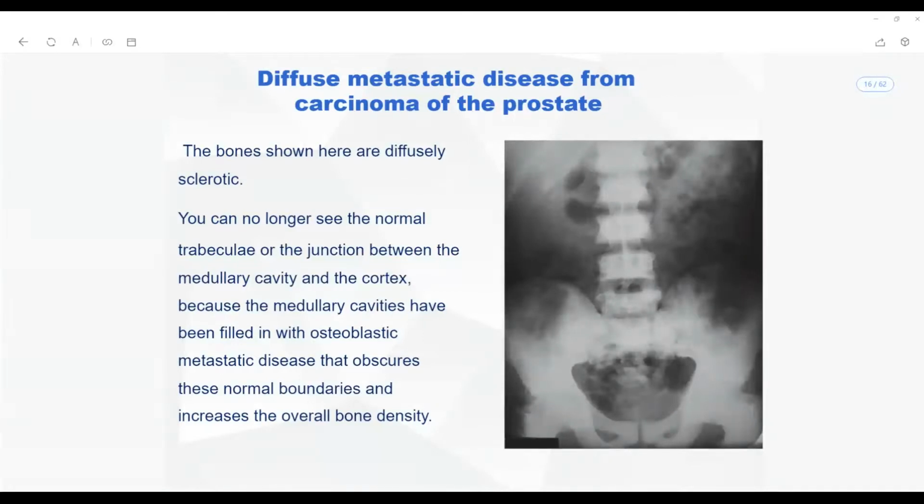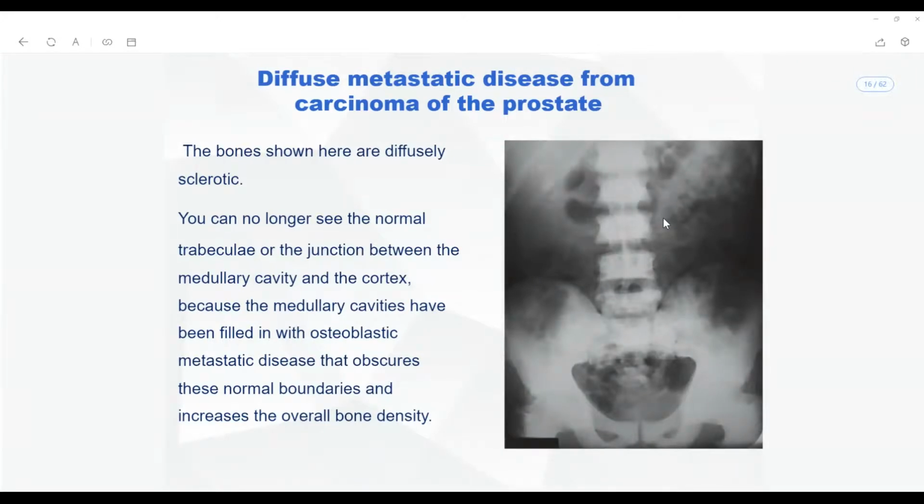Right? So do not confuse. To keep it very simple, we just say that the bones are increased in density. See, Aman, you are not able to interpret this as increased density because you did not look overall at the normal bone densities from the normal anatomy.